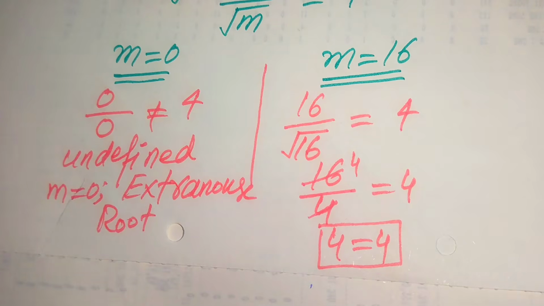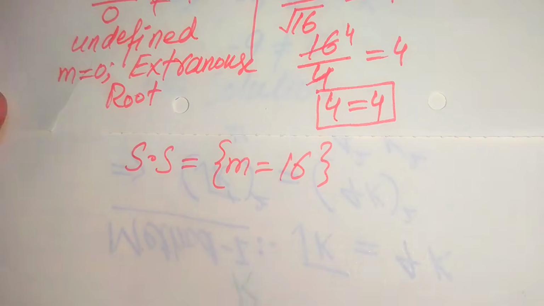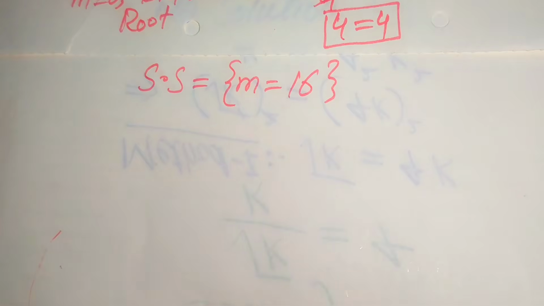So this means that the value m is equal to 16 satisfies our given question statement. So this concludes that m is equal to 16 is the only solution of the given equation which we get in the first method.